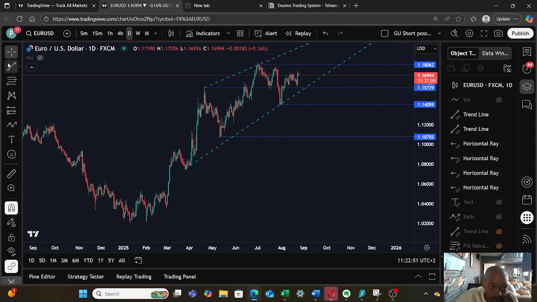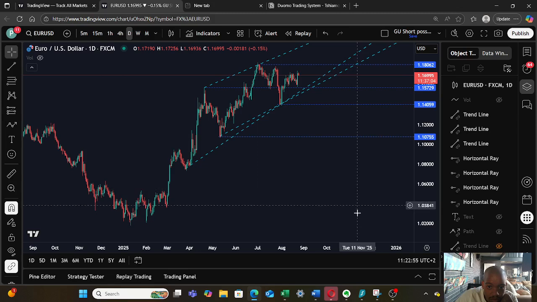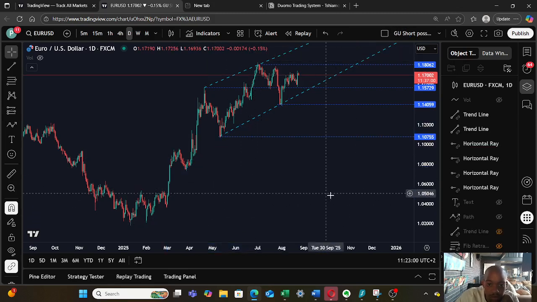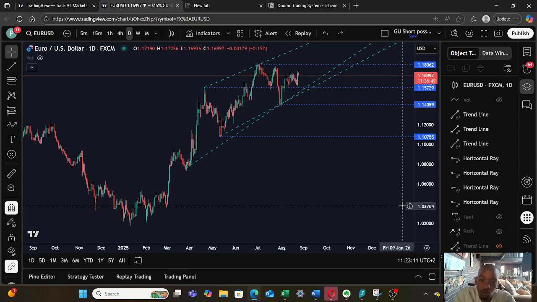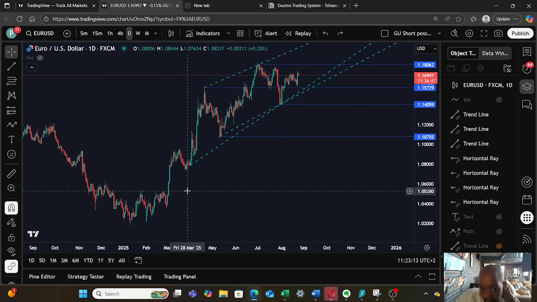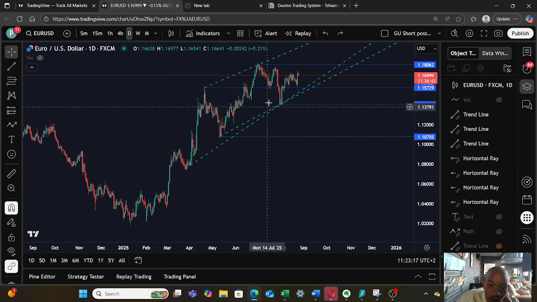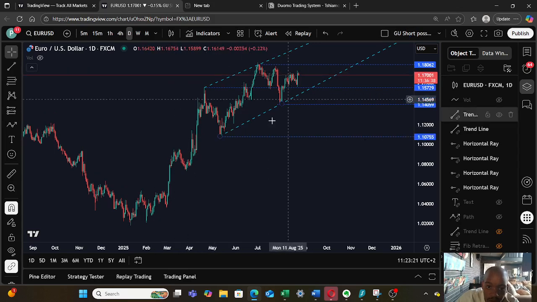That's nice. Very difficult to know which trend line mapping is appropriate, but because these waves are closer to each other, I'm actually going to get rid of this one and keep it like this.